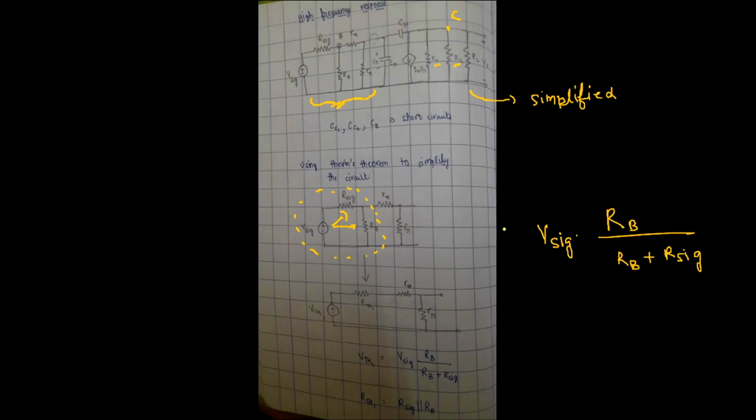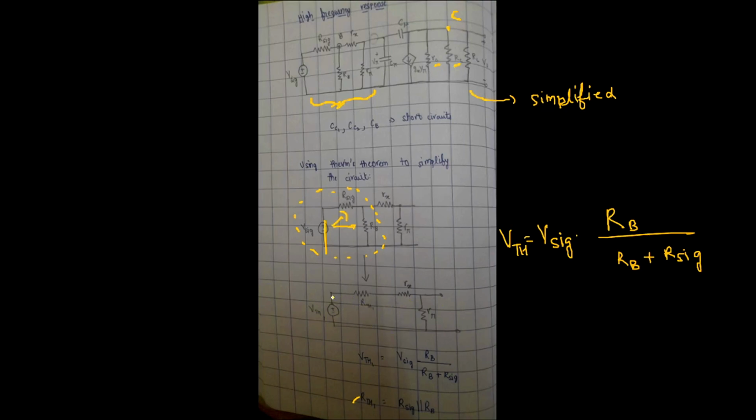So this will be my VTH, and RTH, if you short circuit this, these two end up being in parallel to each other. So RTH is R signal parallel to RB. Now we have simplified that and we got this expression.